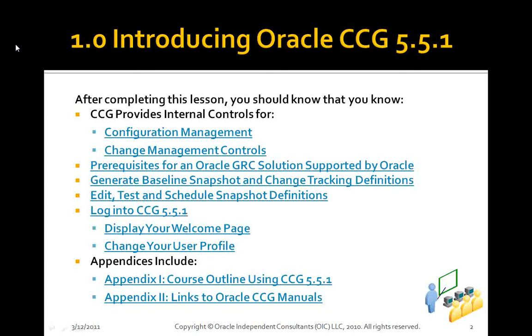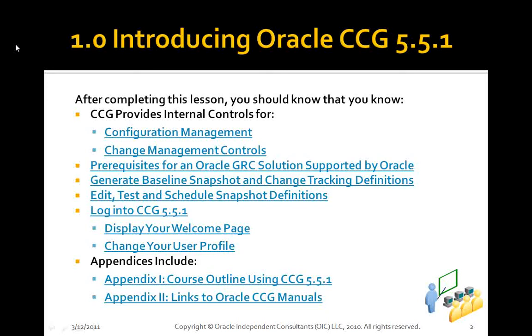Now, there are some prerequisites before you can implement a solution that Oracle will support. For example, you must install Oracle CCG and configure CCG with at least one Oracle EBS instance, such as a test or development instance.